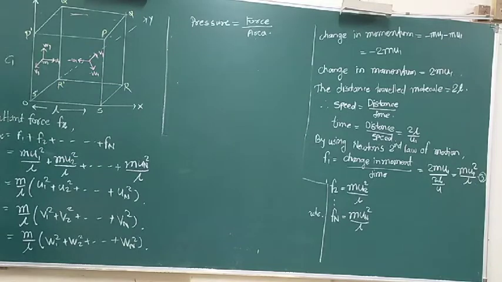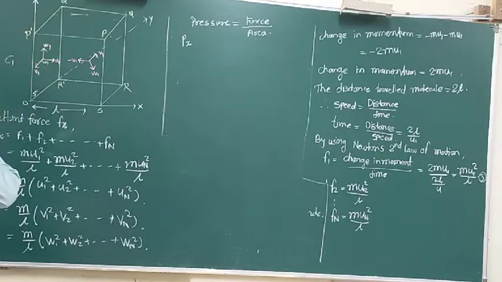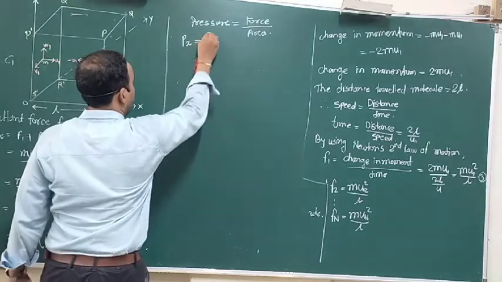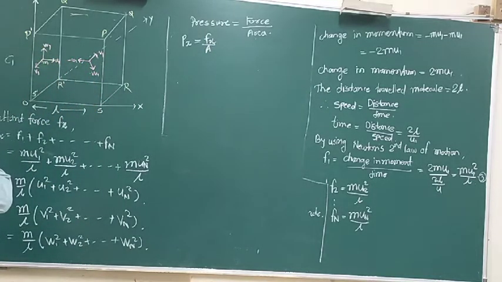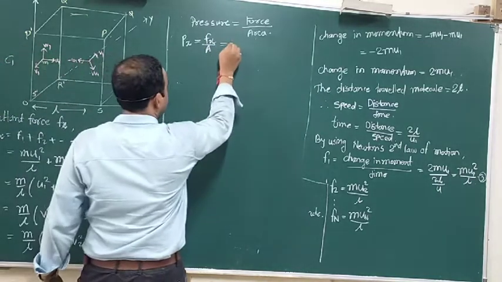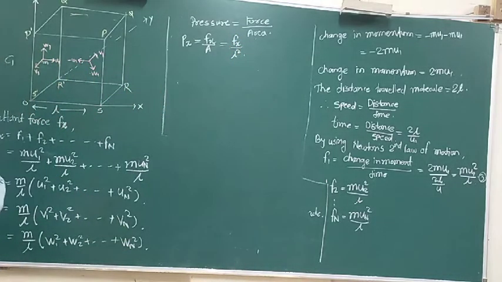Let Px be the pressure acting on the wall perpendicular to the x-axis. So Px is equal to Fx upon A. Okay, A is equal to L square, the area. That means Px is equal to Fx upon L square. So substituting the value of Fx.